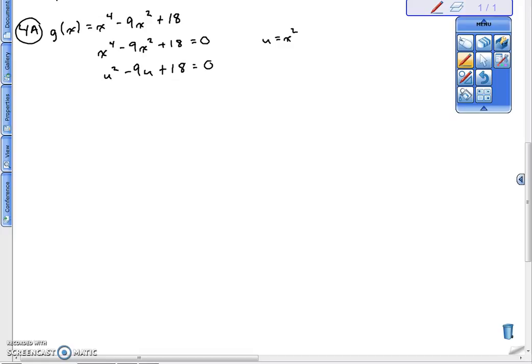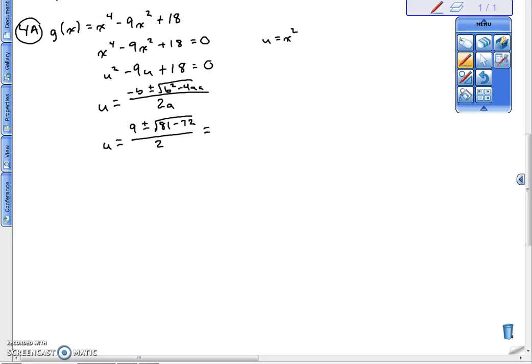And from there, let me do one with the quadratic formula just to show you how that works. Remember, u equals negative b plus or minus the square root of b squared minus 4ac, all over 2a. And so u equals 9 plus or minus the square root of 81 minus 4 times 18, which is 72, I believe, all over 2.